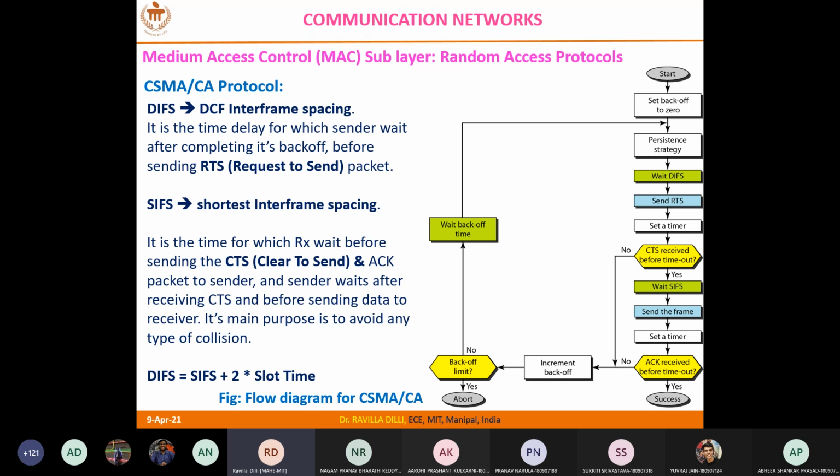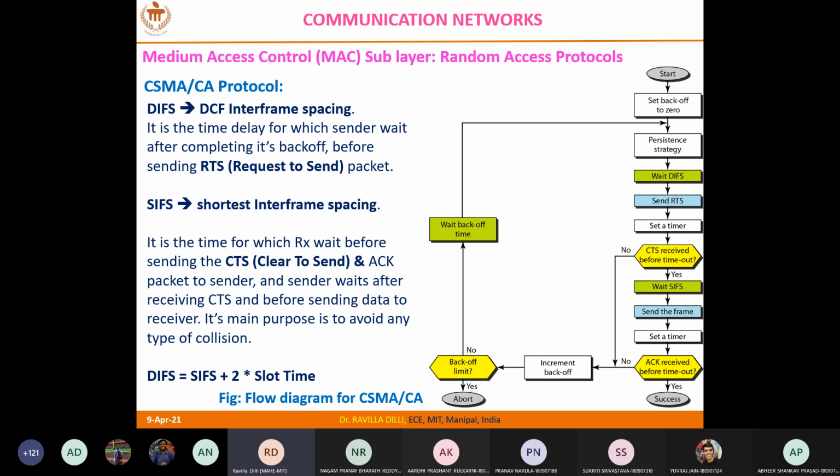If it is less than 15, again wait backoff time, that is 0 to 2 power K minus 1. So the R value will be picked between this range, and the R value will be multiplied with either T prop or T frame, and that is your backoff time. And the story repeats. After waiting for the backoff time, again you will go for a persistent strategy, and this flow chart will be iterated.